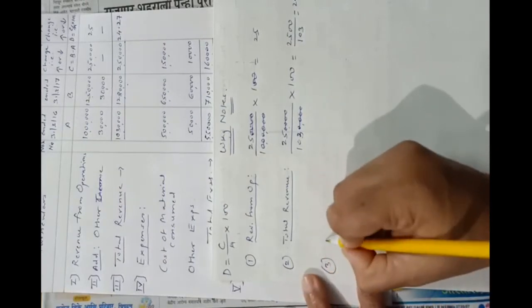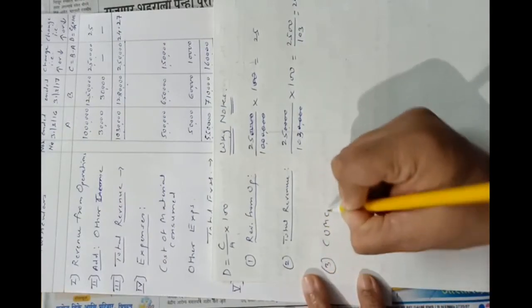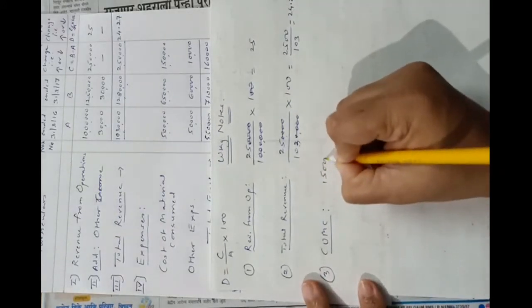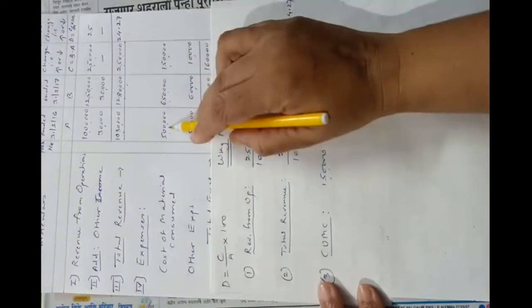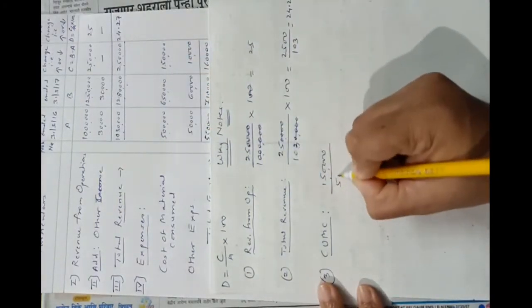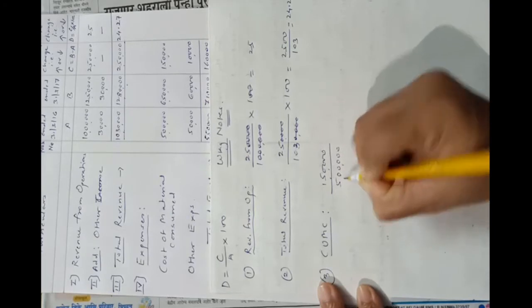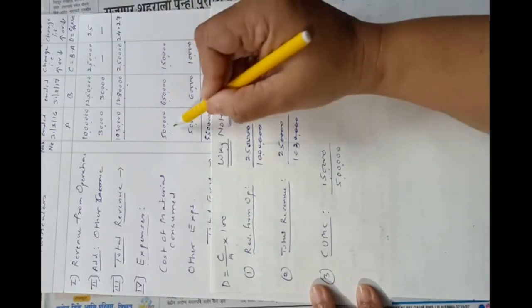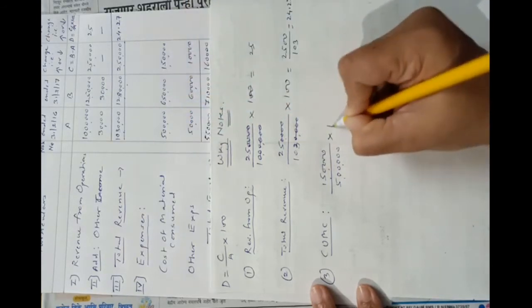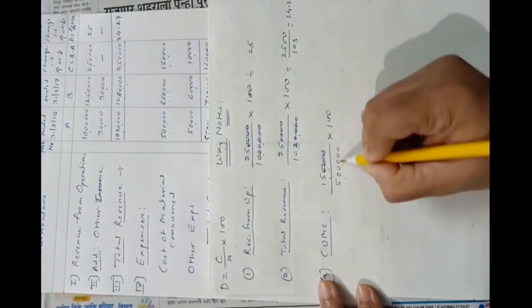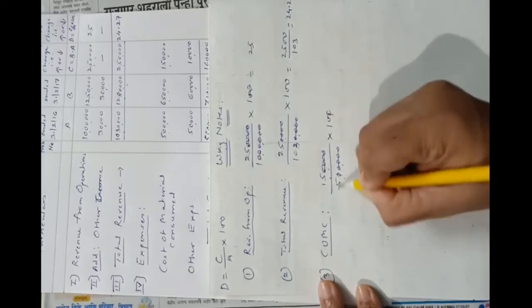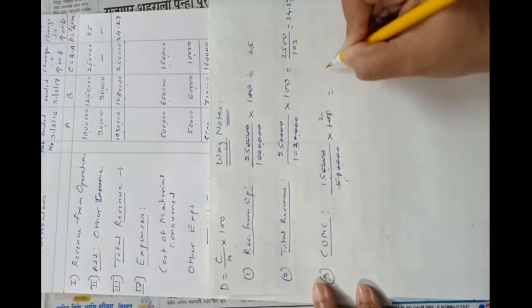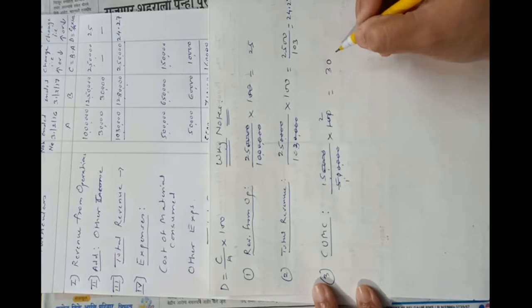Now expenses. Third, cost of material consumed, 1,50,000 divided by 5 lakhs. Amount in C column divided by amount in A column into 100. 30% it is.